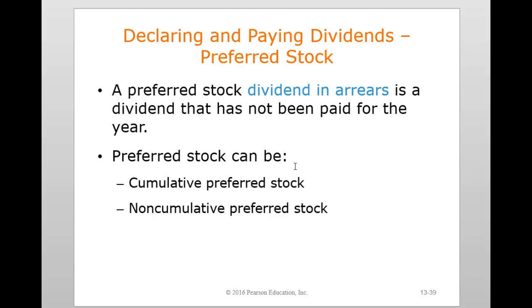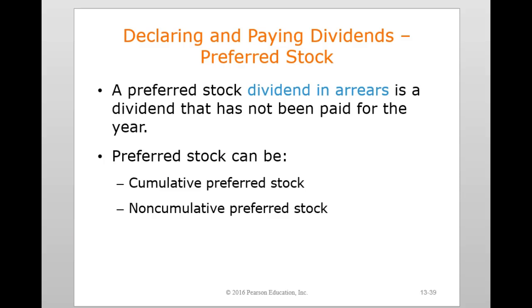So when a dividend is paid, all of the amount that has accumulated will be paid before common stock receives their dividend. Non-cumulative simply means if there's no dividend paid, there's nothing accumulated. But when there is a dividend paid, preferred stock gets their dividend first before common stock does.